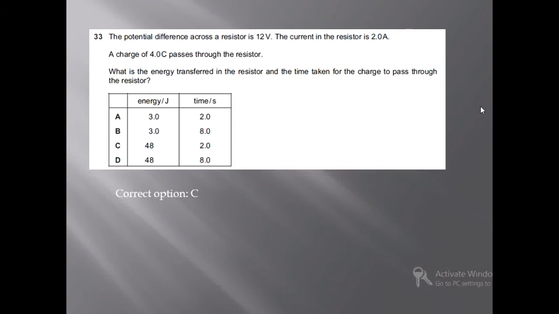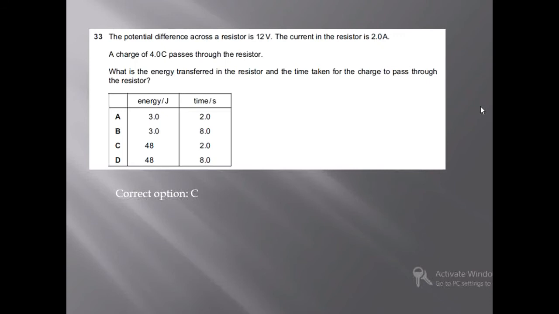When we multiply 4 with 12, the answer comes to be 48 joule. It means that options A and B are eliminated, and we are going to select the option among the two options that are left, that is C and D.